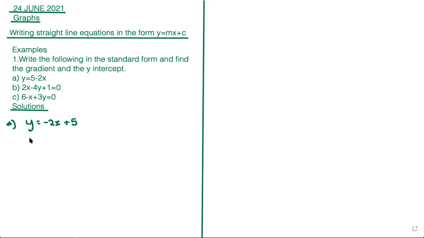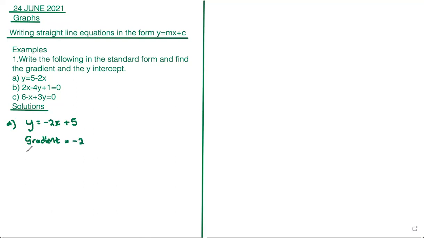So what is my gradient? Is it 2? Negative 2. Don't leave out the negative sign.